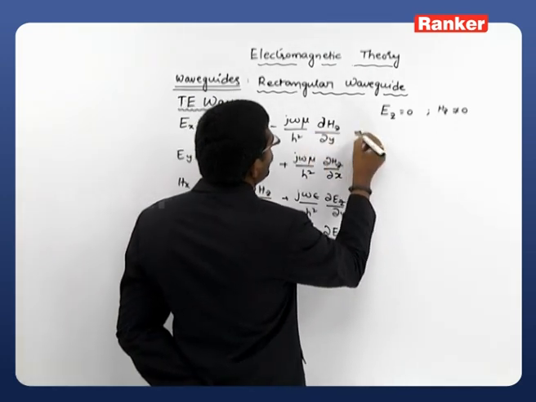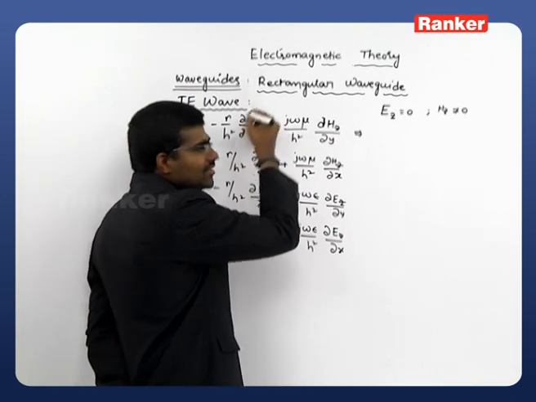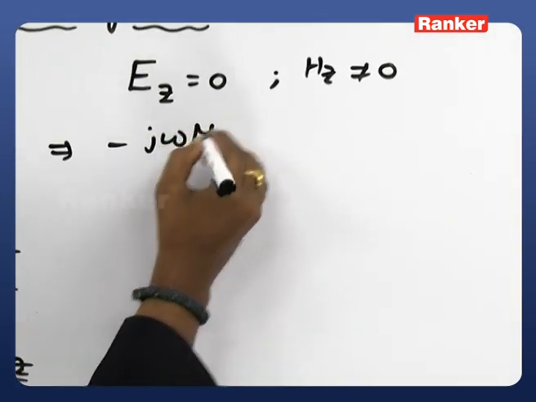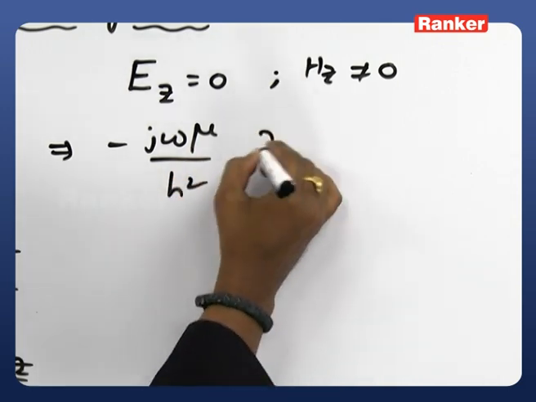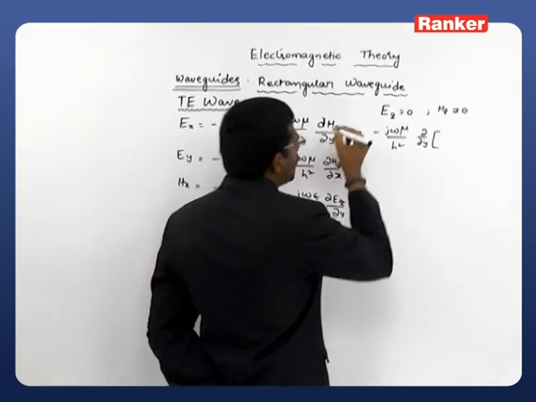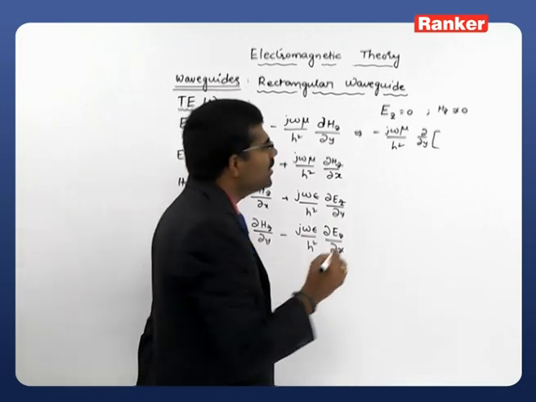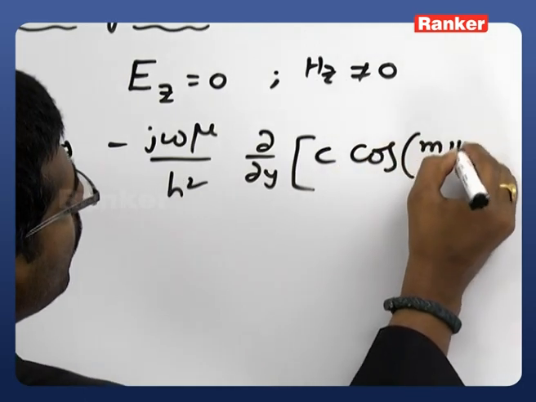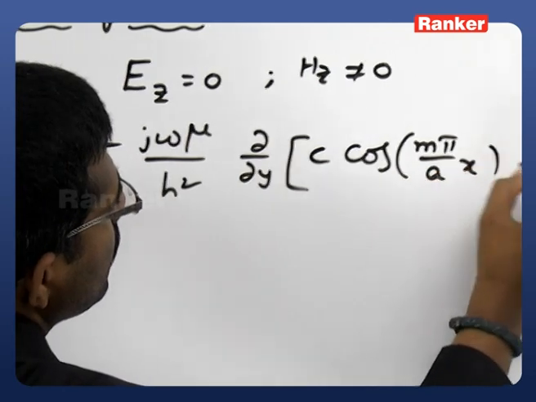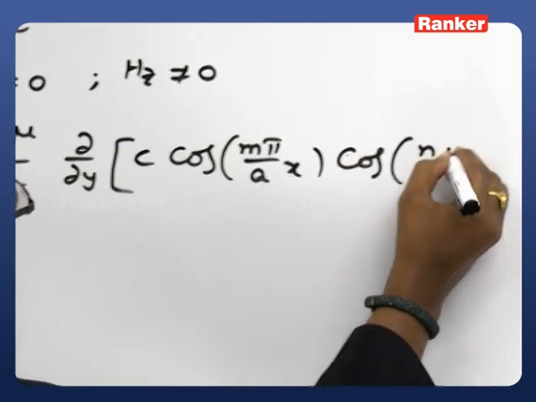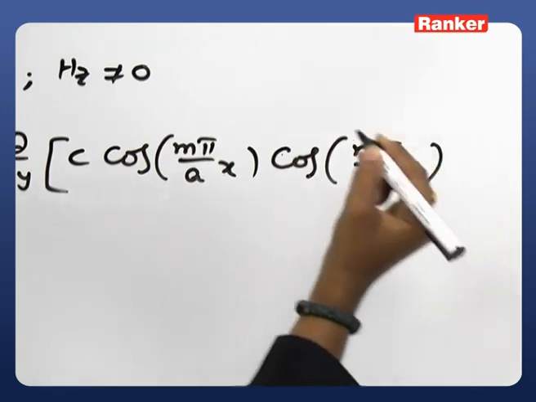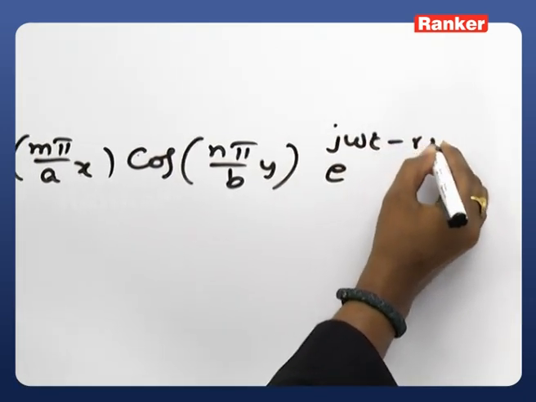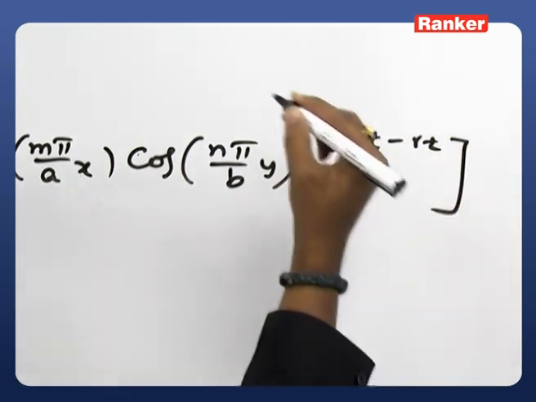From this one, after vanishing the first term as Ez is equal to 0, the remaining term is minus j omega mu by h square dou by dou y of Hz. So what is the solution we obtained for Hz? Some constant C cos m pi by a x cos n pi by b y e power j omega t minus gamma z.